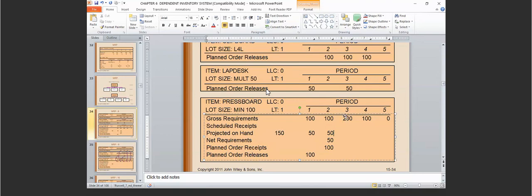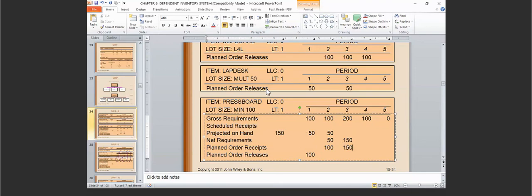For period 3, we have a gross requirement of 200 units, and of course the net requirement will be 150, and the planned order receipt here will be 150 because the net requirement is bigger than the minimum of 100. So we follow exactly the quantity in the net requirement.